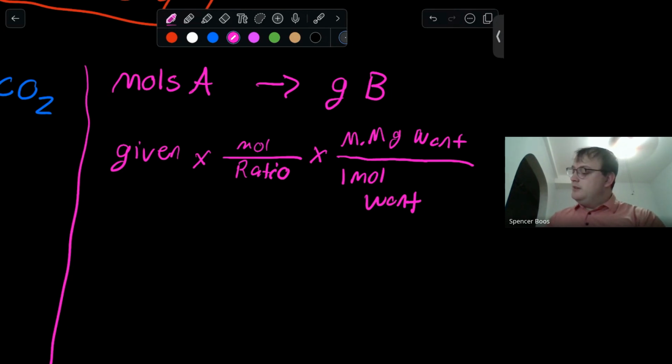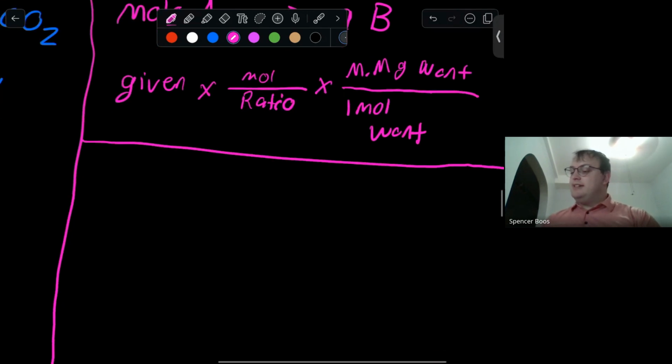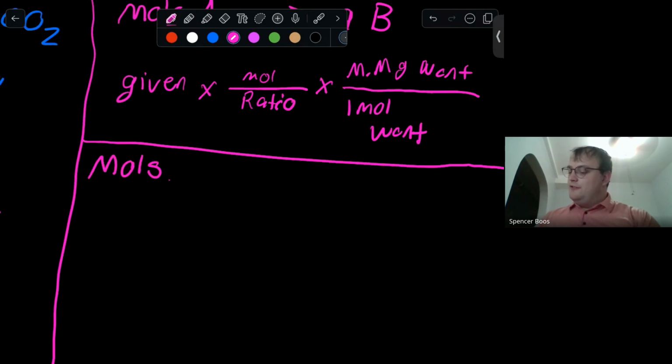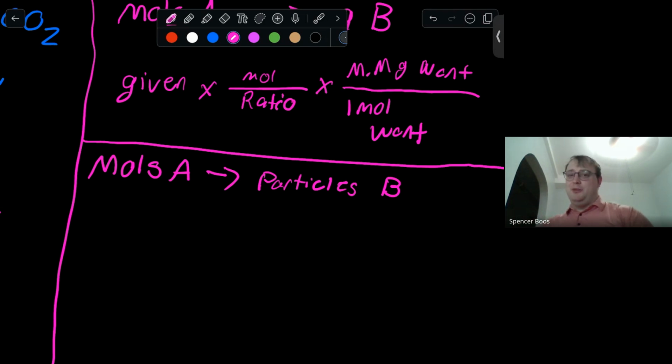Now, let's say instead I wanted to go from moles of A to particles of B. This is a little more tricky, but it's not as tricky as you might think. We don't need our molar mass here.